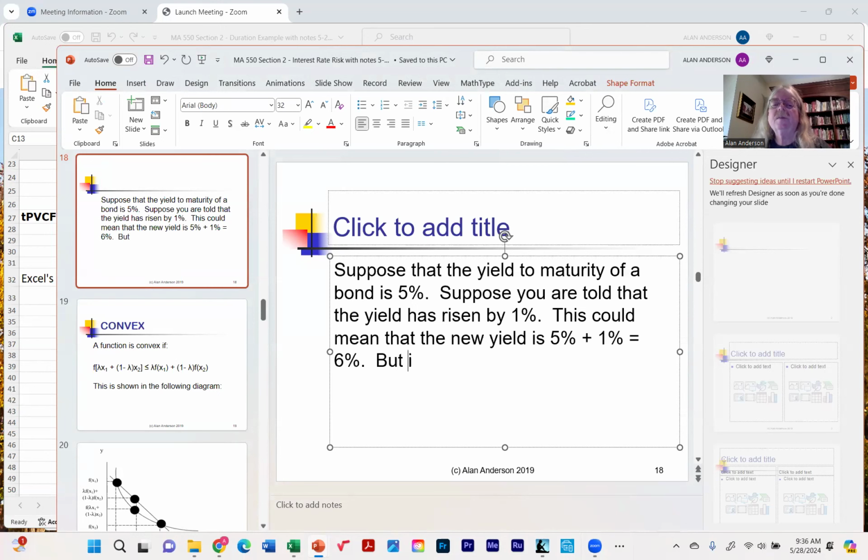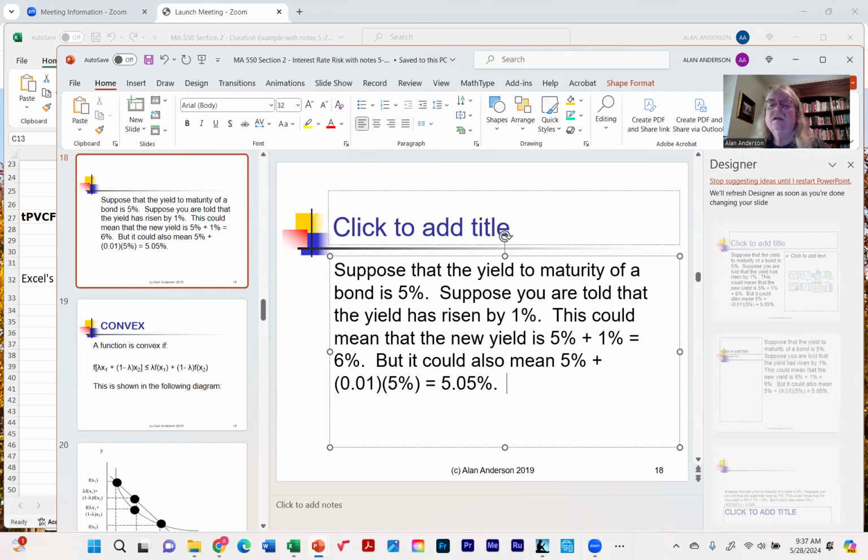But it could also mean that it went up by 1% of its current value, which would mean it went up to 5.05%. So there's some potential for ambiguity here.